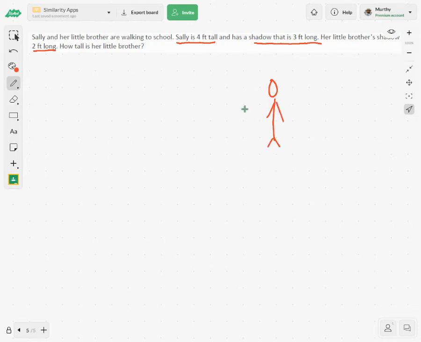I'm drawing a little away, and here is her little brother. Then here is Sally's shadow on the ground, and here is her little brother's shadow on the ground.